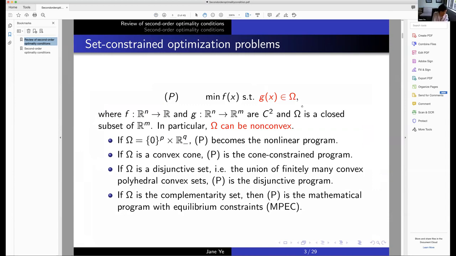You mean the omega bar means the constraint Gx is in omega, right? Yes, and then you treat this as the omega in your theory.